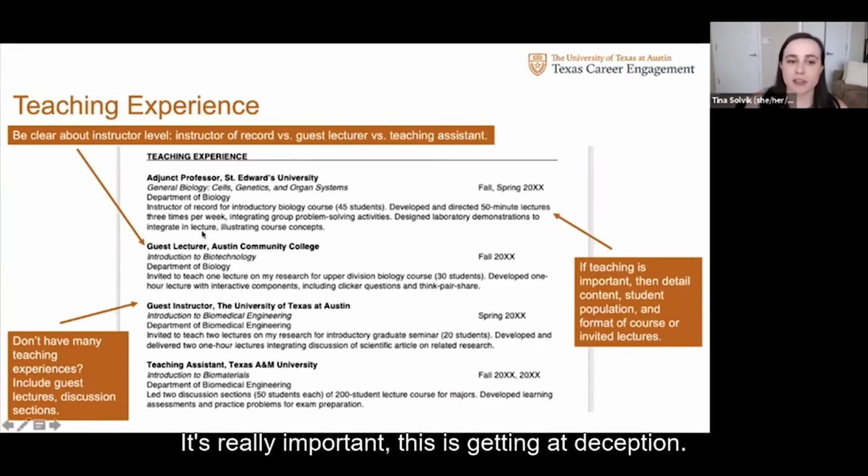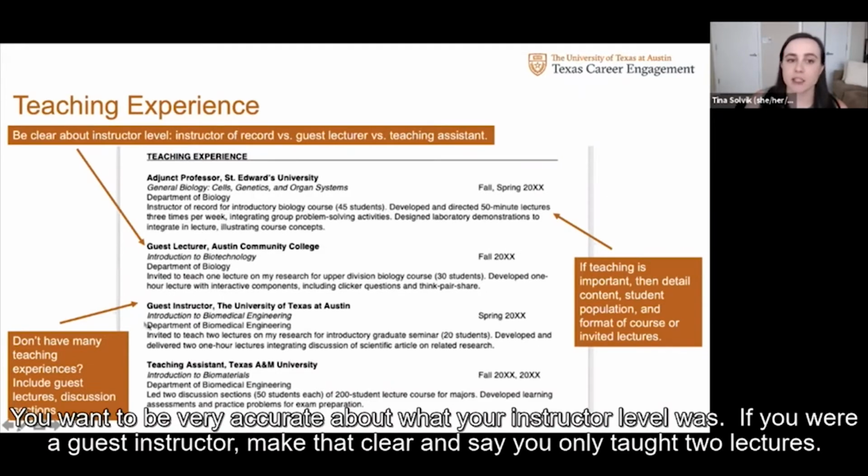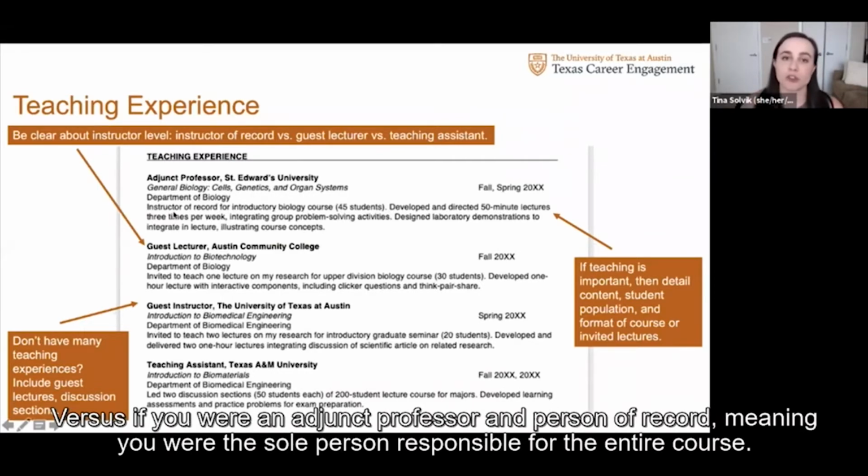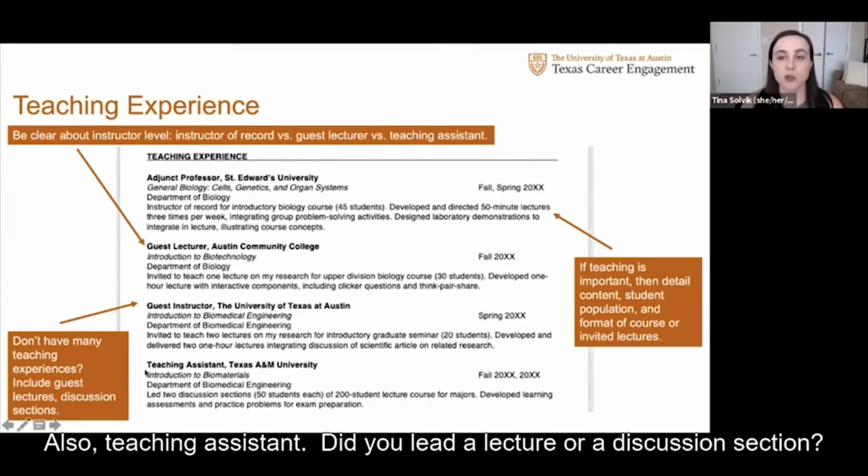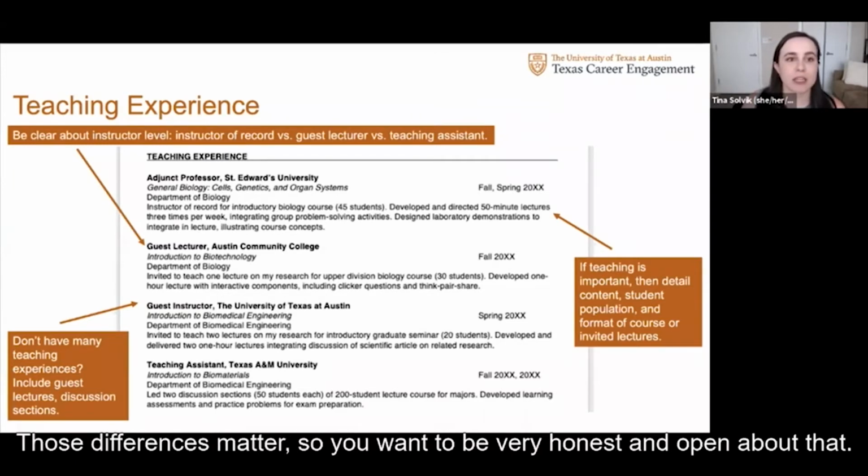If you were a guest instructor, you want to make that clear and say you only taught 2 lectures, versus if you were an adjunct professor and you were the instructor of record, meaning you were the sole person responsible for that entire course. Also, teaching assistant. Did you lead a lecture or a discussion section? Make those differences matter, and so you want to be very honest and open about that.